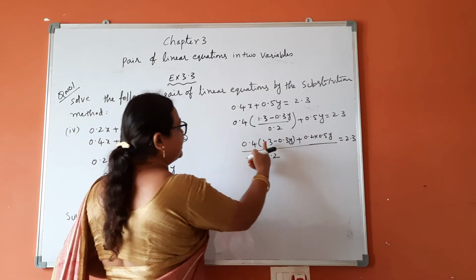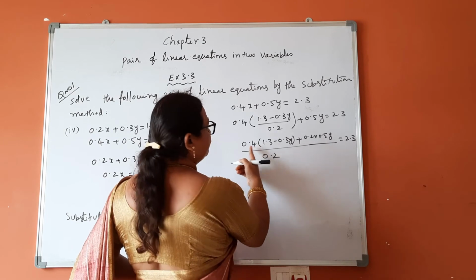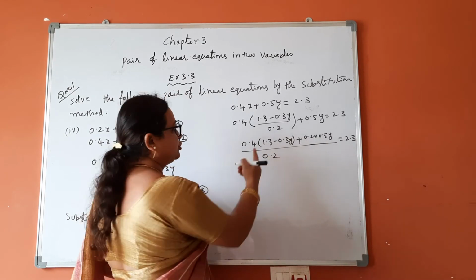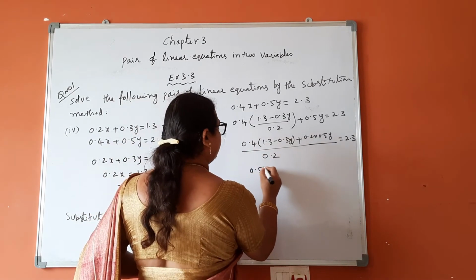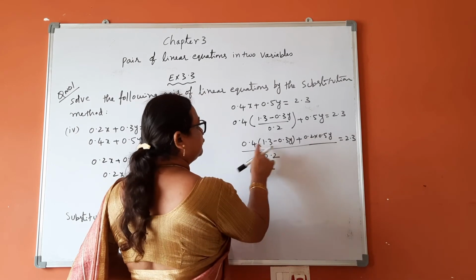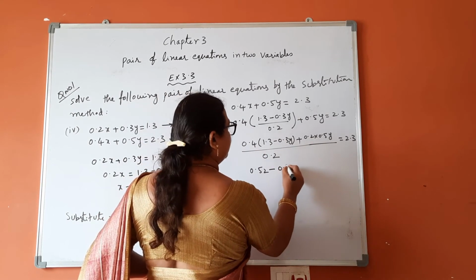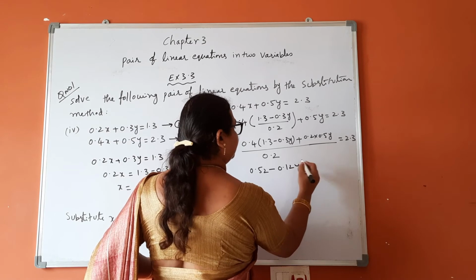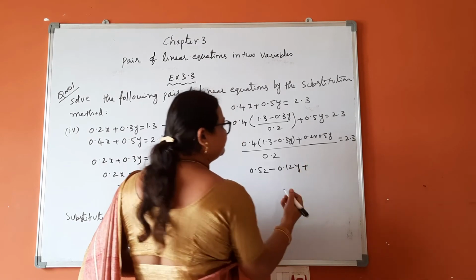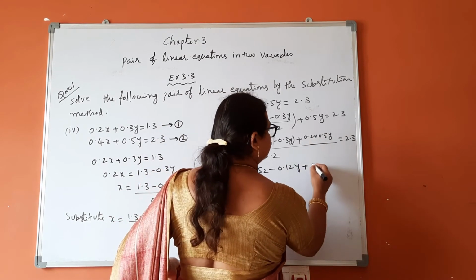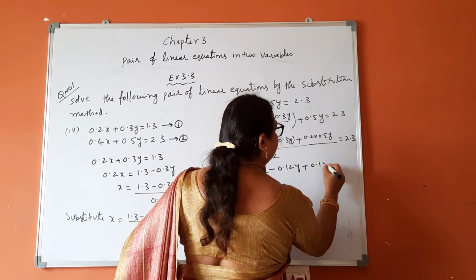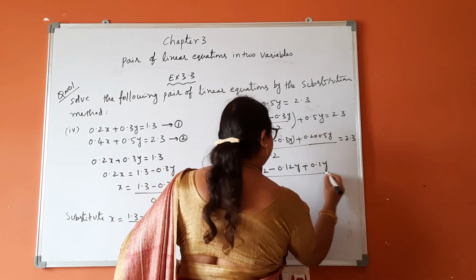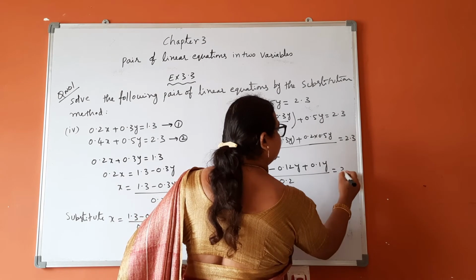Now open the brackets. 13 4s are 52. So here 2 decimal points, so 0.52 minus 4 3s are 12, 0.12y plus 2 5s are 10, so 0.1y, by 0.2 is equal to 2.3.